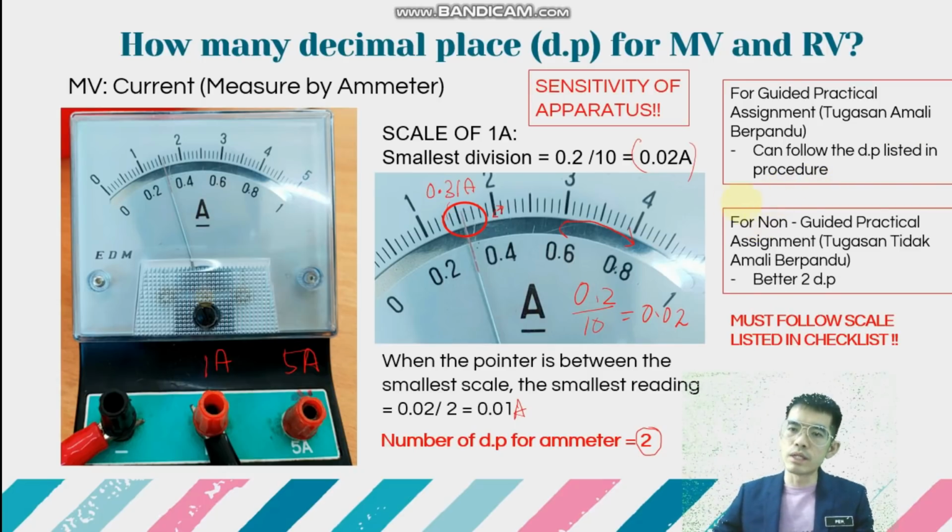However, for question number 3, which is the non-guided practical assignment, the procedure will not be provided, so you have to plan your experiment on your own. The decimal place for the ammeter should be 2 decimal places.